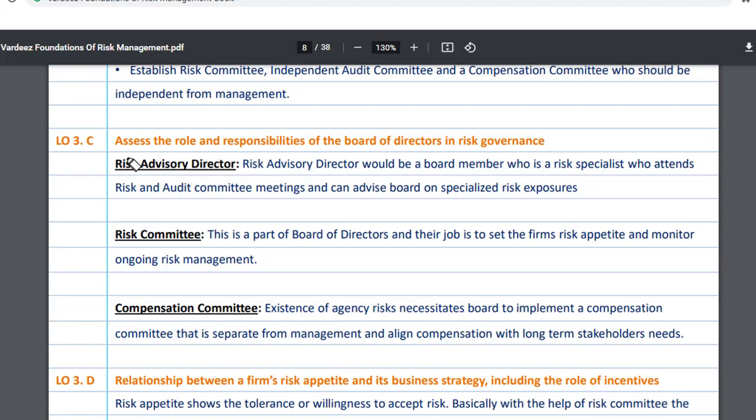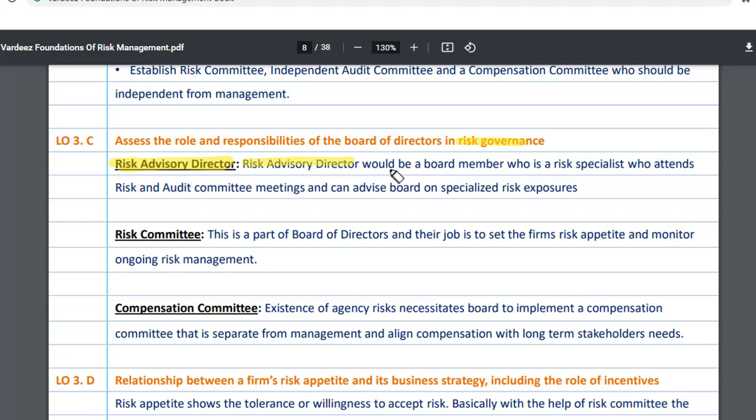All right, next learning objective: assess the role and responsibilities of the board of directors in risk governance. Now, what are their roles? Very firstly, it's important that there is a risk advisory director for all the complicated matters of risk management. If the board is not able to understand something, the risk advisory director is the person that can be approached by the board members.